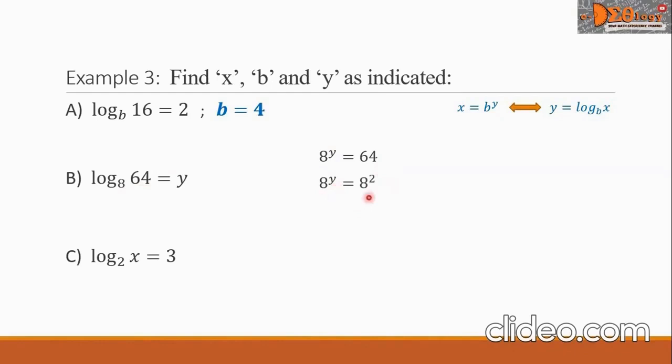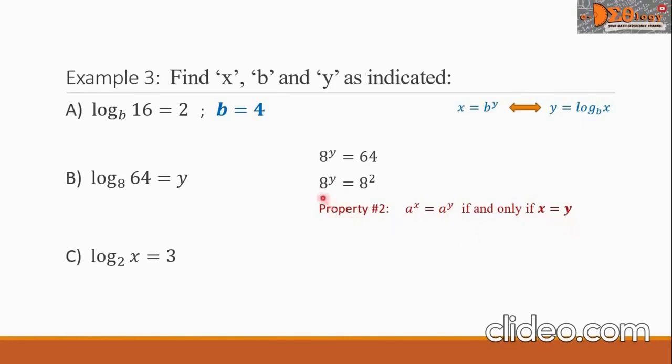In this portion, I can see that I have the same base for the left and the right sides of the equation respectively. So I remember property number 2 of exponential function, and that is a raised to x equals a raised to y if and only if x equals y.